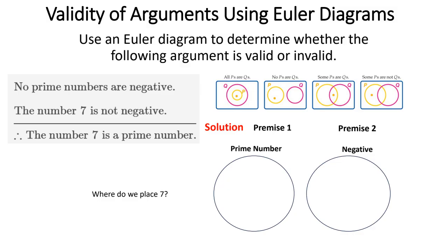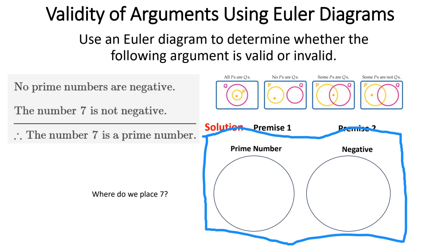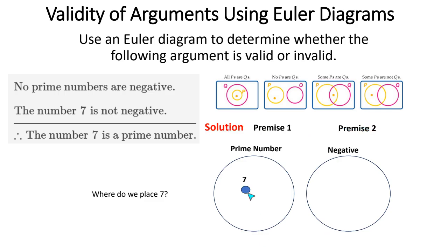So then what we need to figure out now, let me just draw this. Okay, so what we need to figure out is go to the second one. The number 7 is not negative. So where do we place 7? Okay, so if it's not negative, it cannot be in this negative circle. So some of us, our first reaction is going to be to put it in the prime number circle since it cannot be in the negative circle.